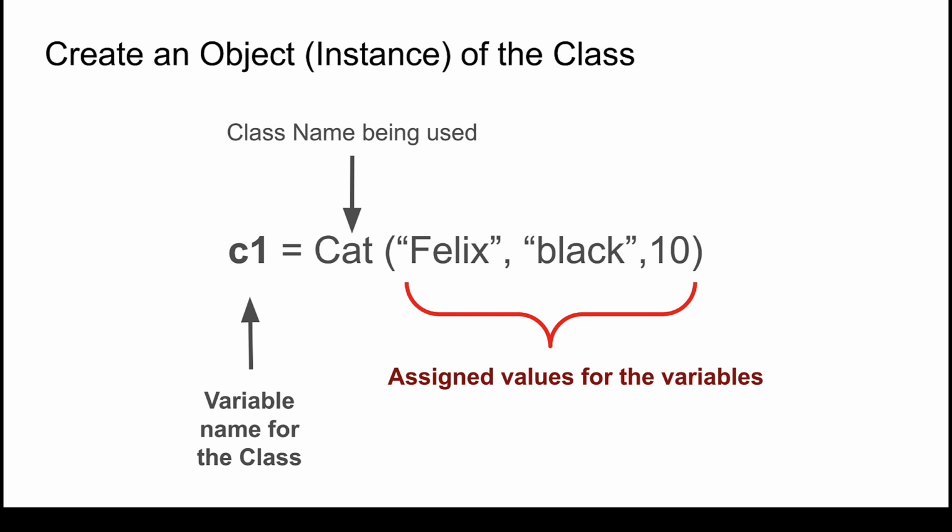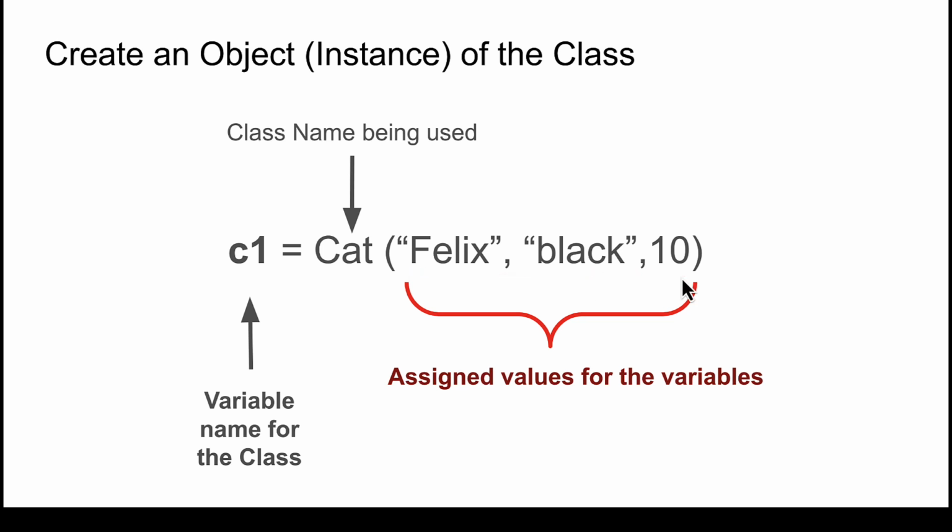Now, how do we create an instance of a class? Well, that's pretty easy. We have a variable name that we assign. This is going to be the class that we're going to be utilizing, and these are going to be the parameters associated with that.